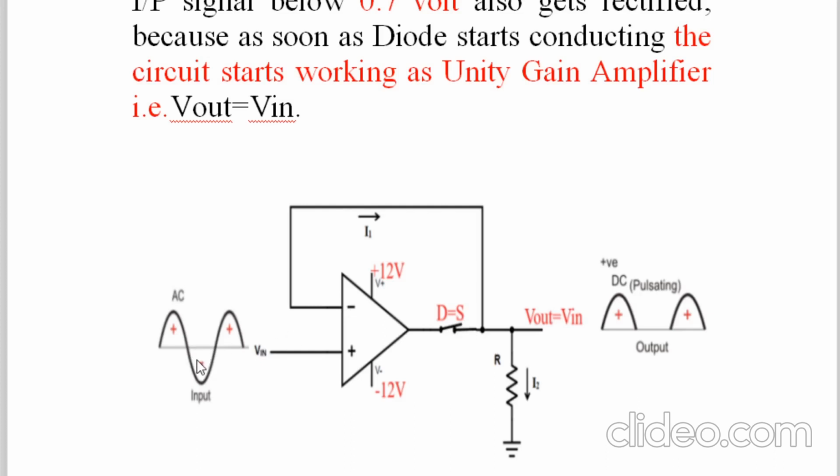But as soon as the negative half cycle starts, and say it is increasing in the negative direction, suppose it is going as, again same example, minus 0.01 volt. Minus 0.01 volt means minus 10 millivolt.